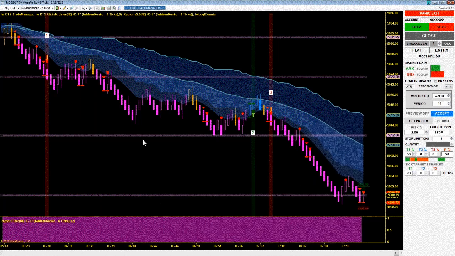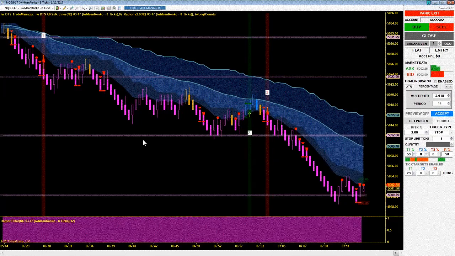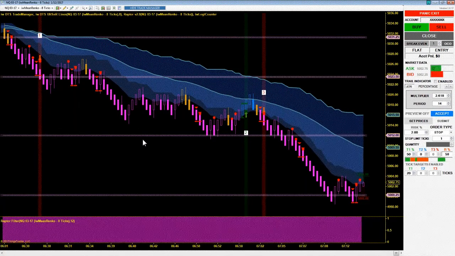In addition to that, the visual elements you see on the chart are powered by different size Renko bars. You may be looking at an 8-tick Renko bar, but the visual element of the filter at the bottom may be powered by a 12-tick Renko bar, and the bars are a 6-tick Renko bar.